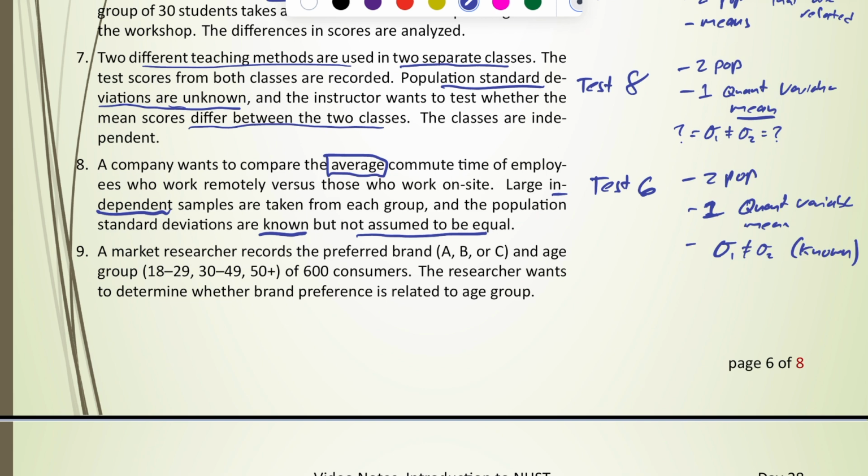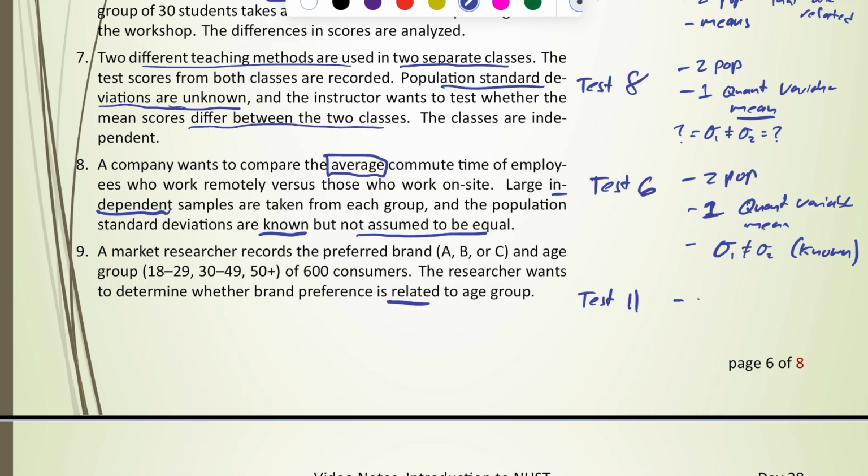A market researcher records the preferred brand, A, B, or C, and age group of 600 customers. The researcher wants to determine whether brand preference is related to age group. What we have here is going to be test 11. Why test 11? This is a test for independence.